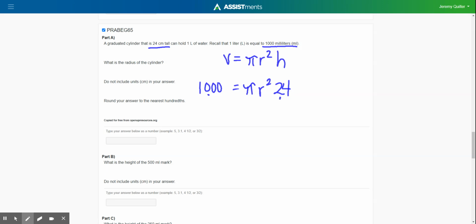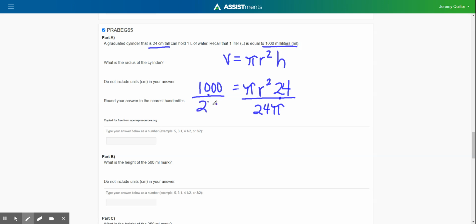We have to consider that when figuring out the radius based on 2 different unit measures. To figure that out, we need to get the radius ultimately by itself. To do that, we need to divide out 2 different factors: the 24 and the pi. 24 divided by 24 is 1. Pi divided by pi is 1.